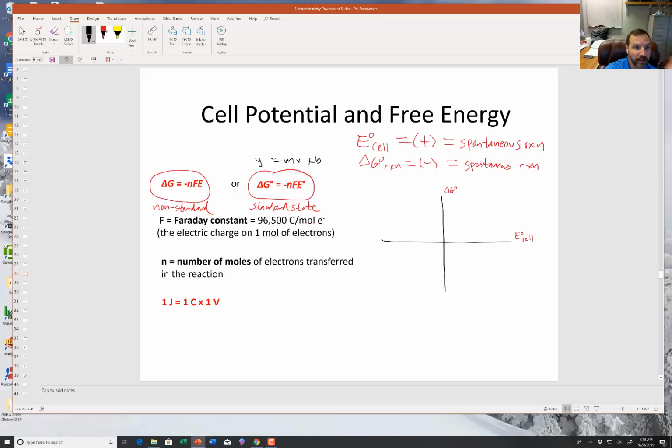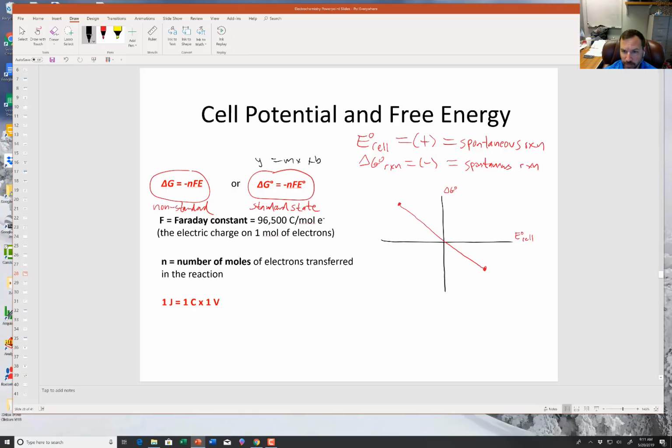So if we were to plot, we would probably start somewhere over here. And then we know that we have a negative slope, and that when we get to positive E cell values, we should have negative delta G. And so we could imagine that this relationship might look something like this.